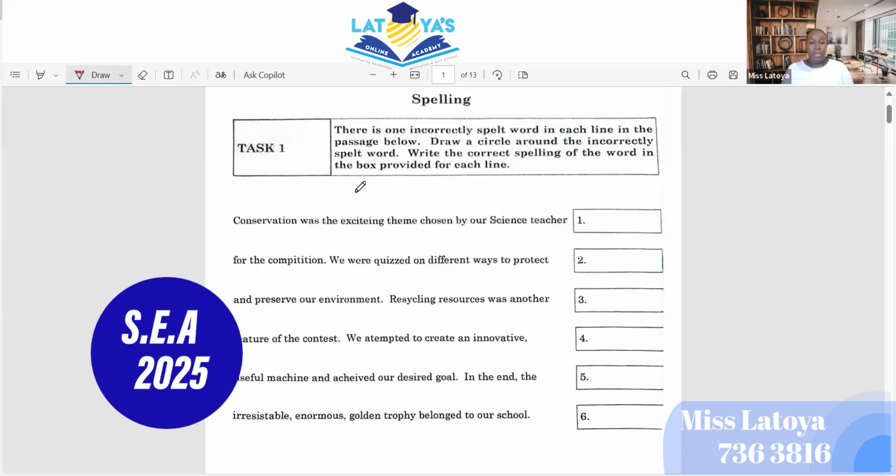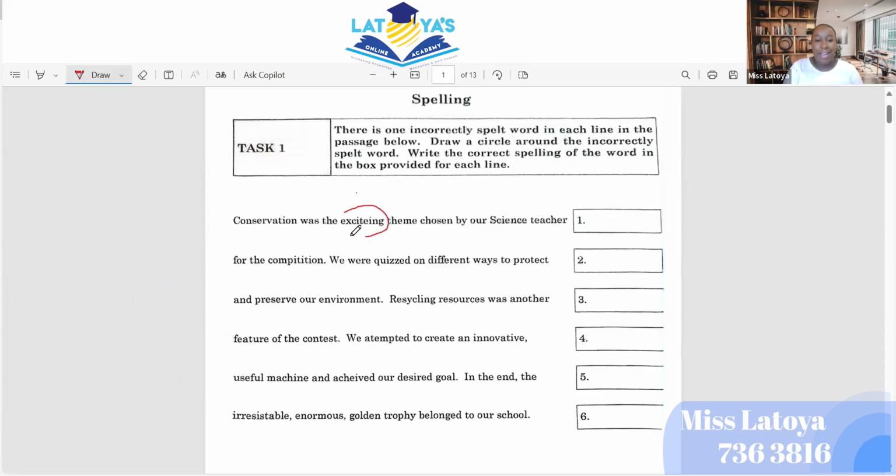I know some of the errors are screaming at you at this point, but we're going to do it line by line. The first error is exciting. What rule is this? Before we add ing to a word, we drop the E, and that wasn't done in this case. So exciting is spelled E-X-C-I-T-I-N-G.